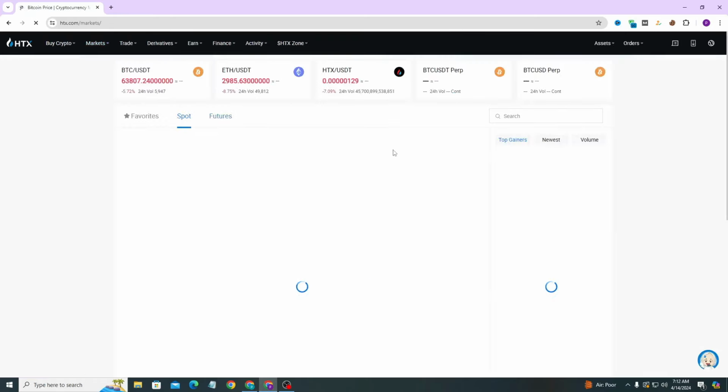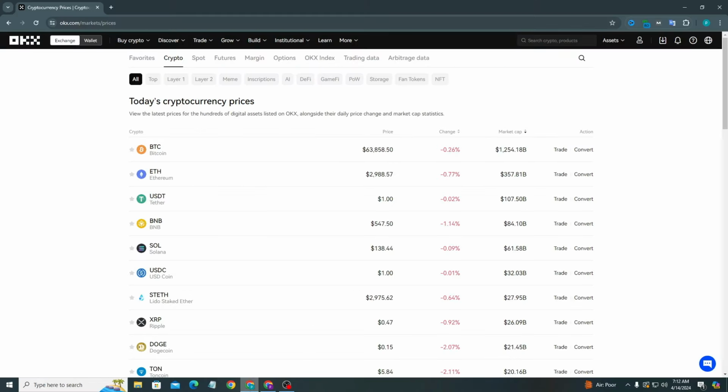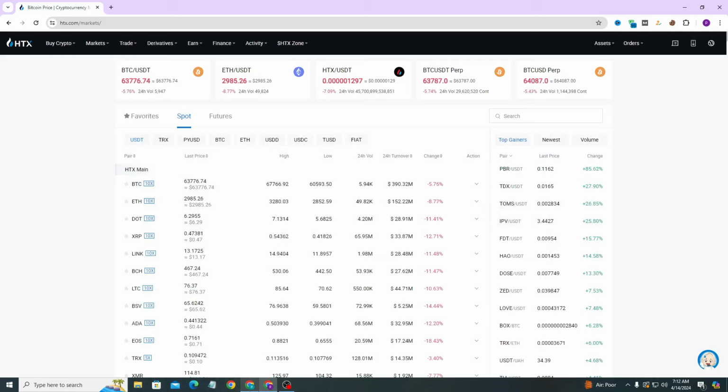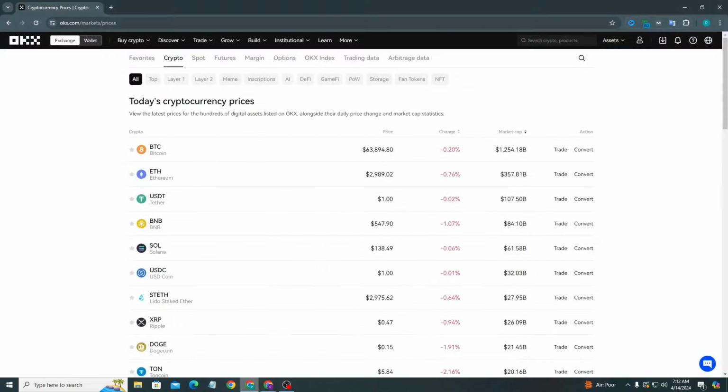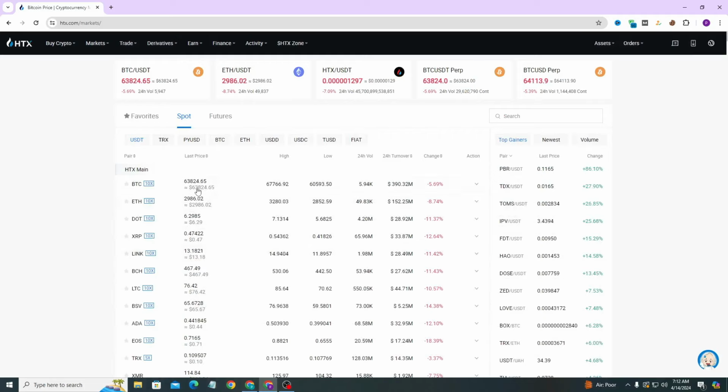Now let's talk about the market, before moving towards the transaction fees and everything else. I have seen that the price is somewhat similar, but there are very drastic changes here.